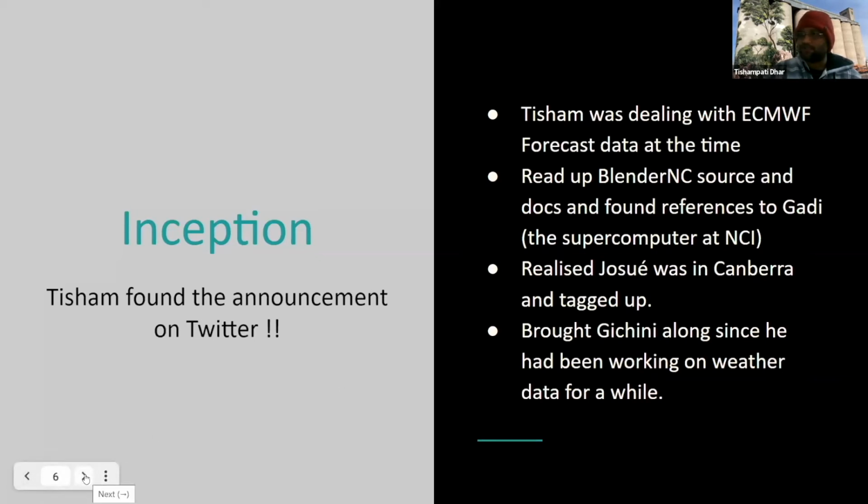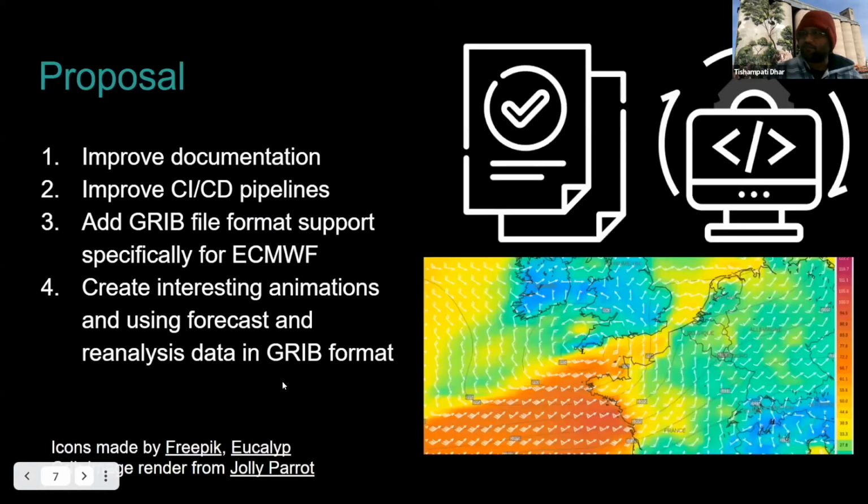So I put a proposal together, and the proposal essentially addressed what the task was: to improve the documentation of BlenderNC, improve all of our coding practices, continuous integration and continuous delivery pipelines for ECMWF-specific purposes, add support for the GRIB format, and also create some of these interesting animations using the forecast and reanalysis data that is available in GRIB format, and possibly in the future, as other presenters were saying, in Zarr and other formats as well.